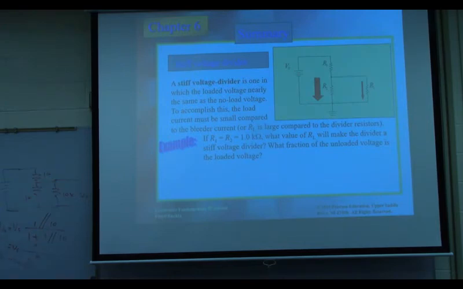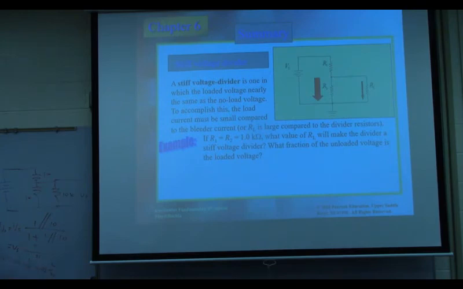Okay. Unloaded means the 10 does not exist. 1 over 2, right? Because we have only that 2. That is what we had last time. That is unloaded, which means Vs over 20 over 10. This is 10 over 21, and this is 10 over 20.